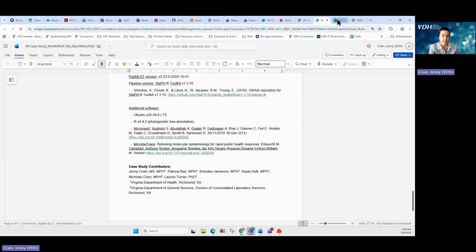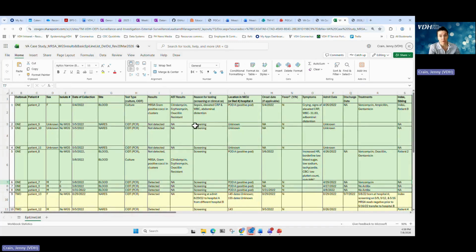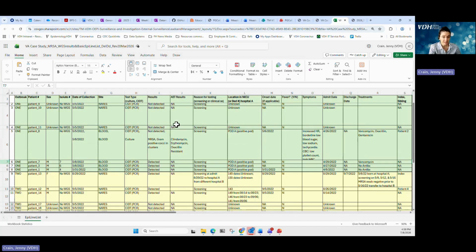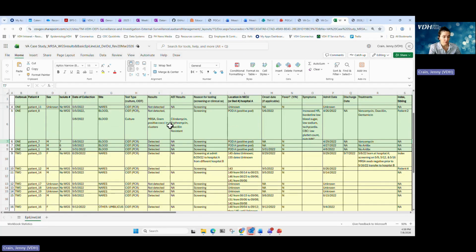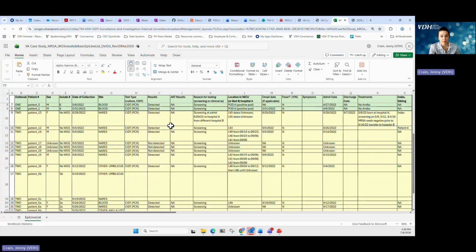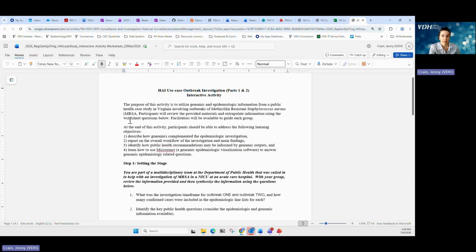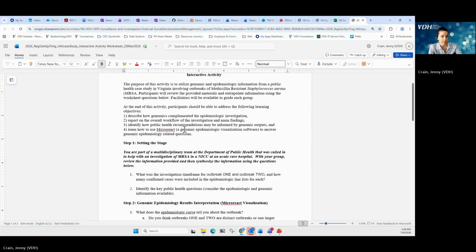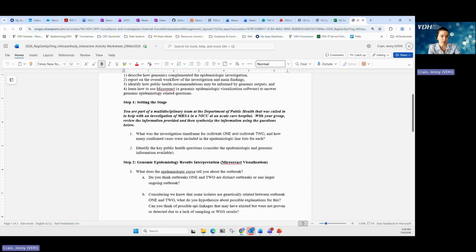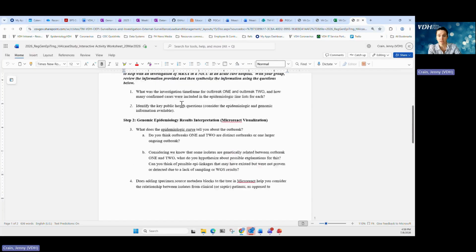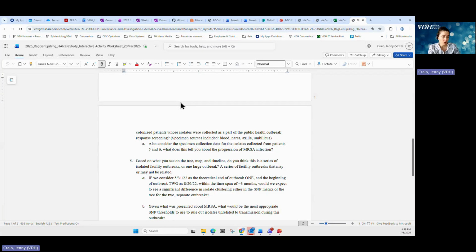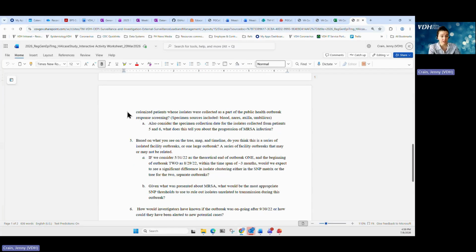Then you should also have a single-paged de-identified epidemiologic line list that covers as many of the patient details that we could release about outbreak 1 and 2. Please reference this line list throughout the training. Then you should also have a single-paged handout that is an interactive training scenario worksheet. It's a 2-page document, and we will walk you through some of the steps and then the discussion questions that are included in this worksheet you would need to talk about on your own with your staff.